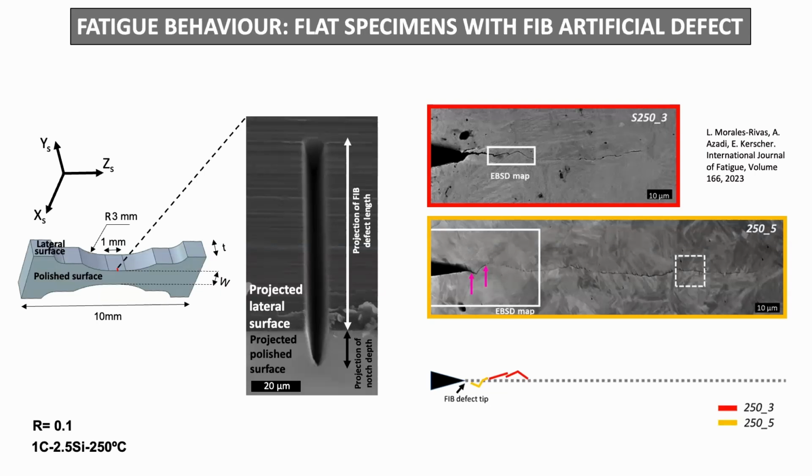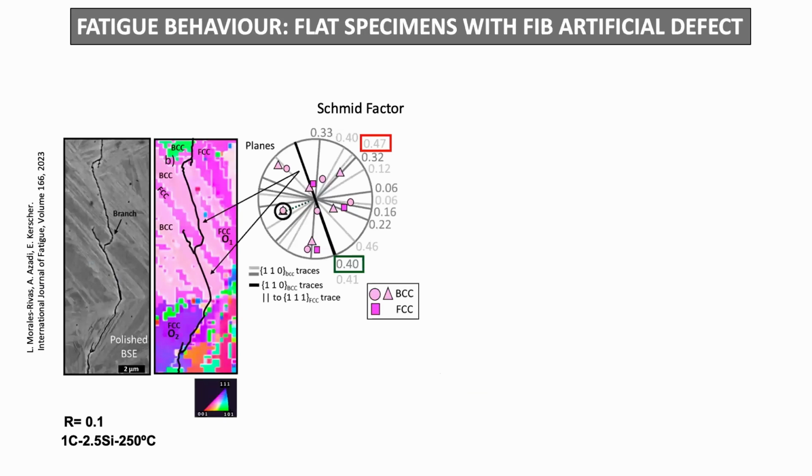So analyzing this, here I show also just one example where we see these micrographs based on the backscatter electron on the surface. So this is just the phase and crystal orientation that we can observe here.